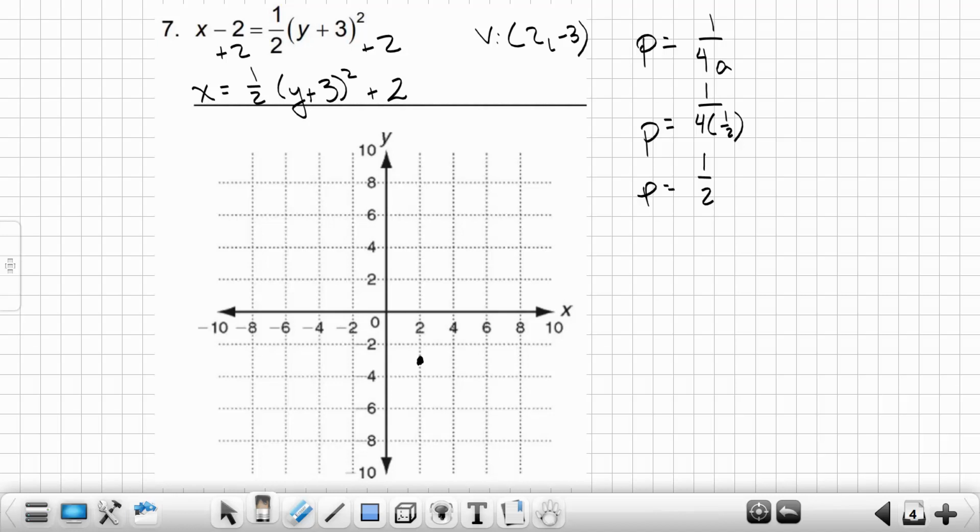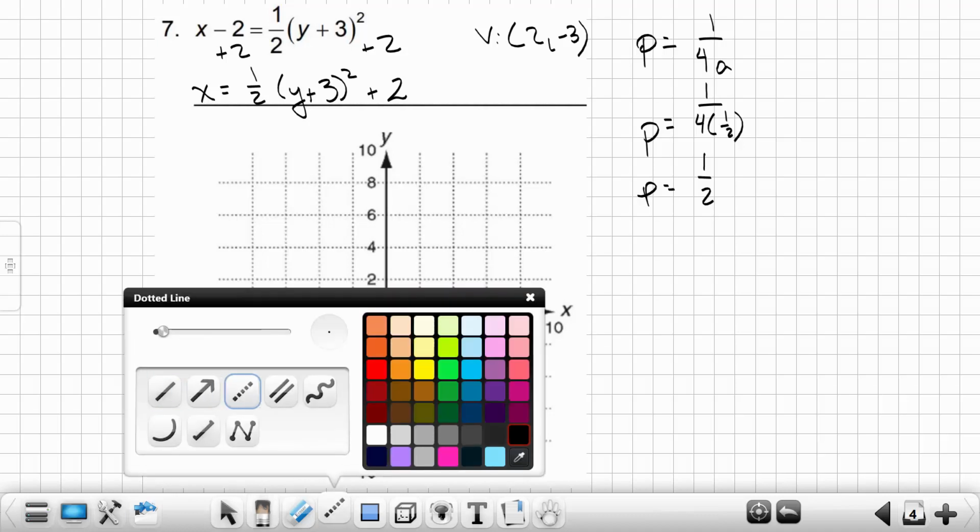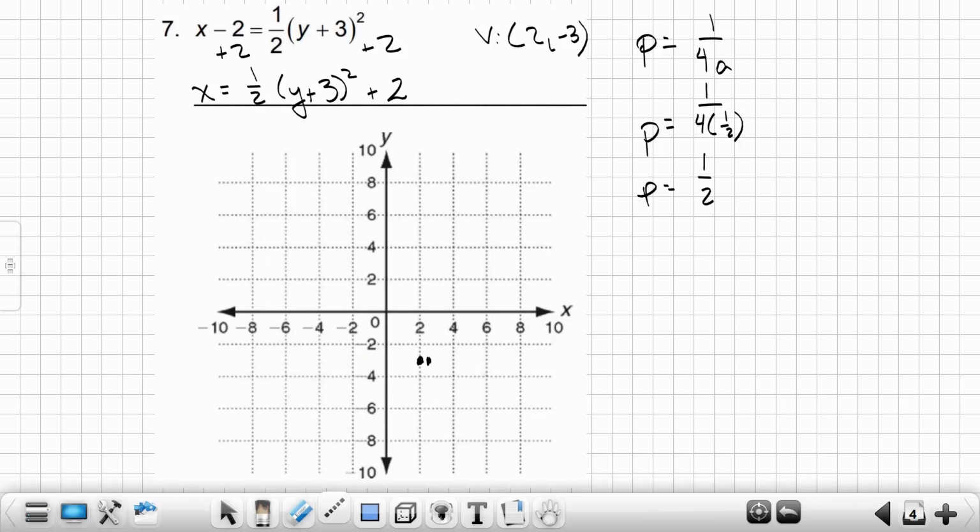Now this is sideways facing. Is it opening left or right? It's opening to the right because I have a positive 1/2. So my focus is going to be a half away from my vertex. My directrix is going to be half away from my vertex as well. Super tight.